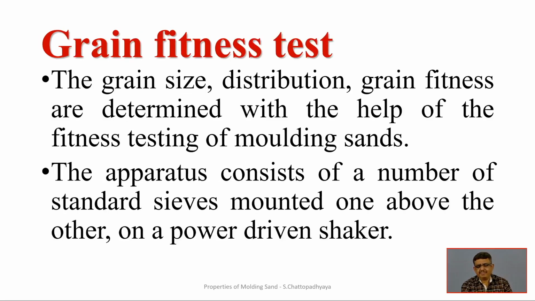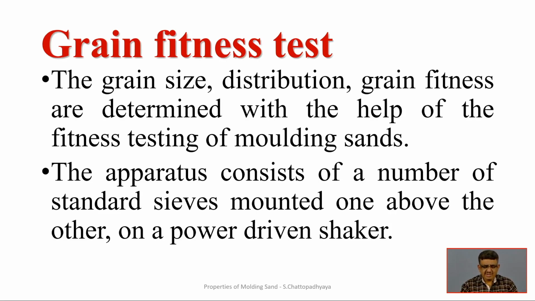Another one is the grain size distribution test, determined with the help of fineness testing of molding sands. An apparatus consists of a number of standard sieves, through which different sizes of sand can pass and come out.